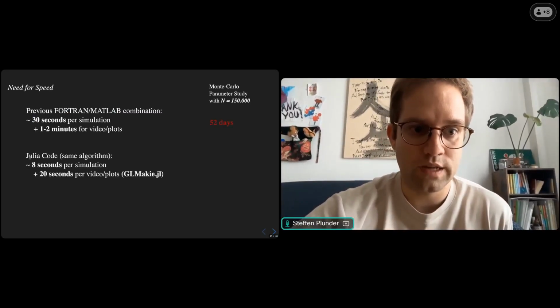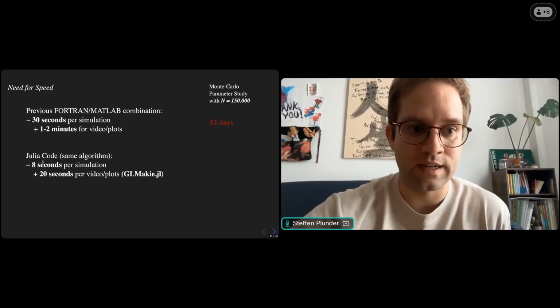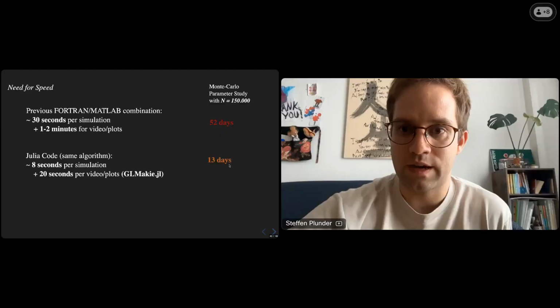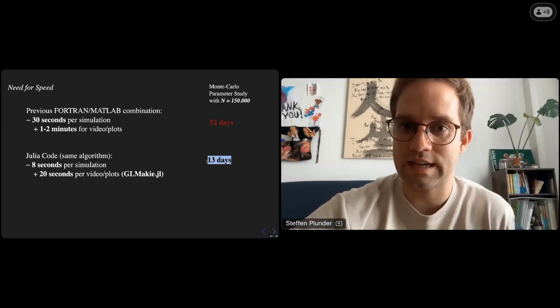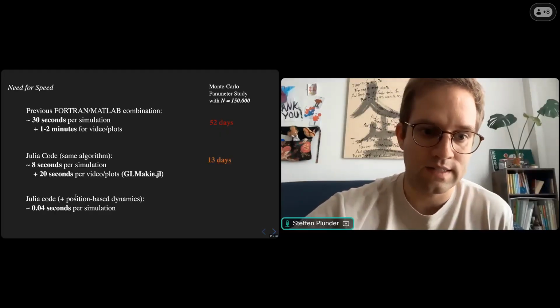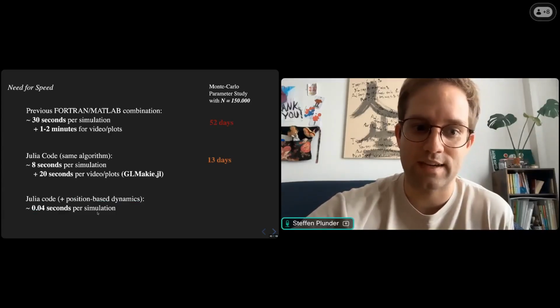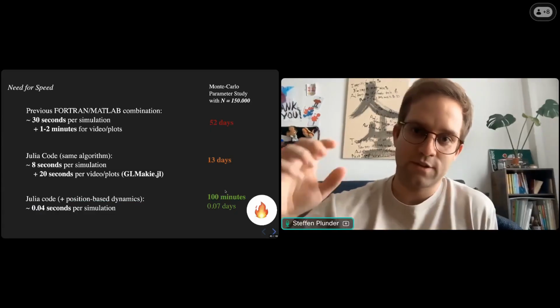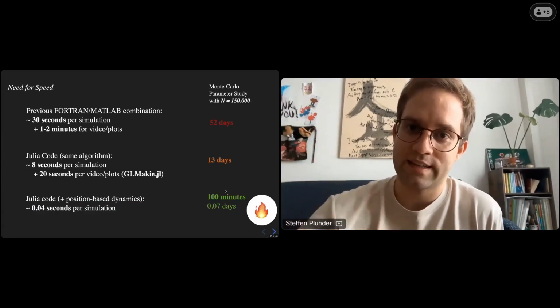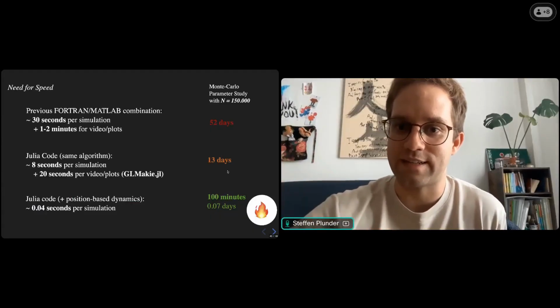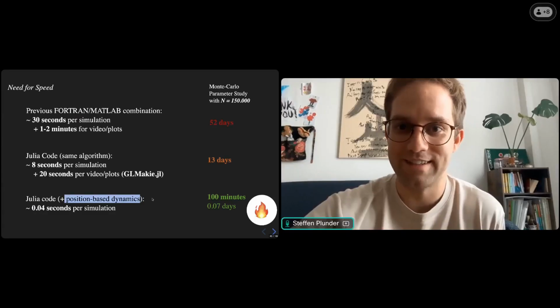Then I changed to Julia code and cleaned up a little. And run more simulations, we would have waited 13 days for this analysis. Now with this position-based dynamics method, the runtime went down to 0.04 seconds. So that meant we could do these Monte Carlo simulations like every day, try out a little bit different instead of waiting 2 weeks. So that's the happy story here.